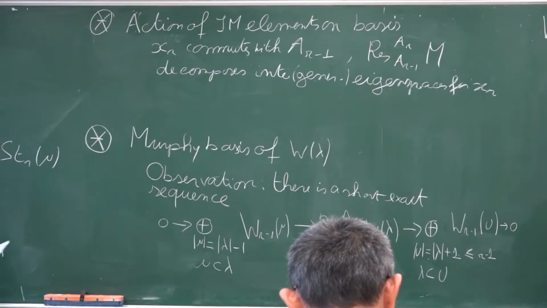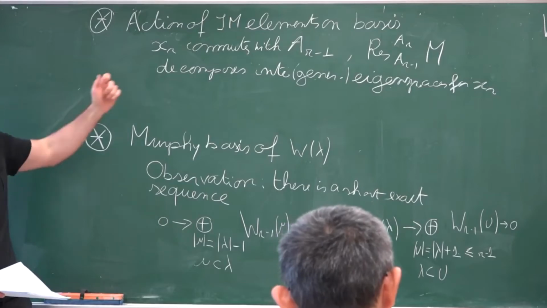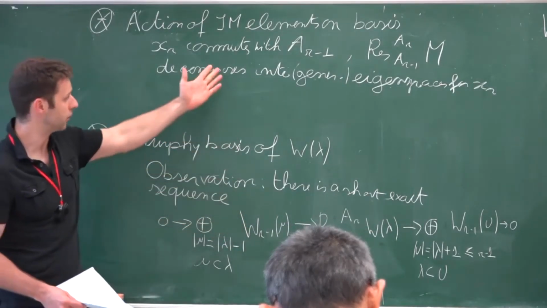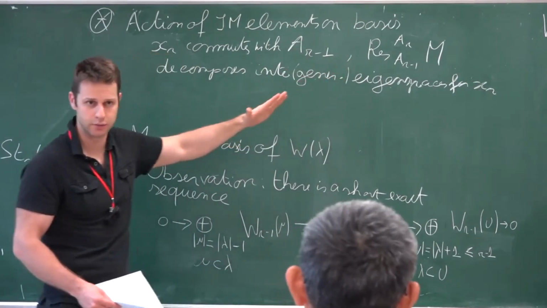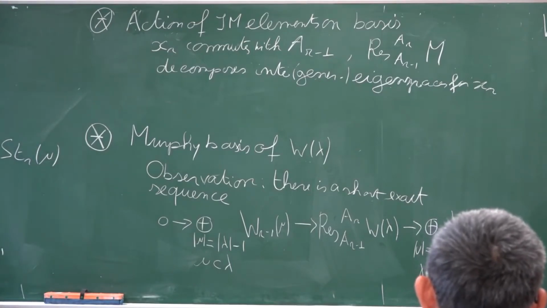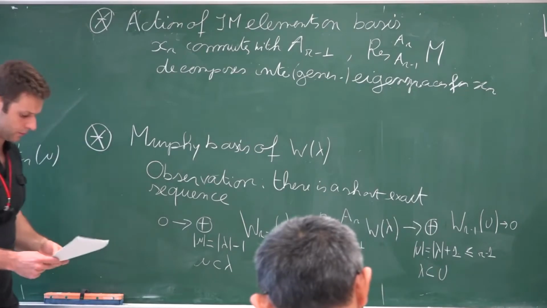But that means that I will have a nice action of the Jucys-Murphy elements on the Murphy basis, because I have these commuting actions, and the Murphy basis is precisely obtained by restricting in that way.